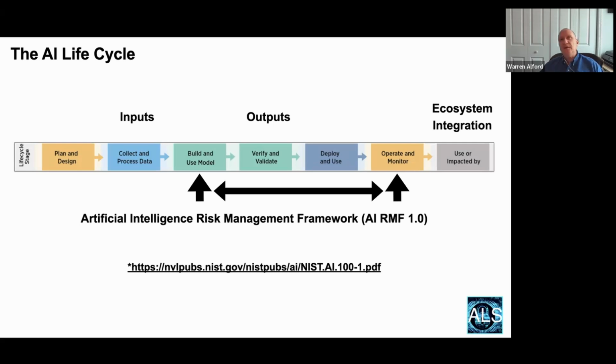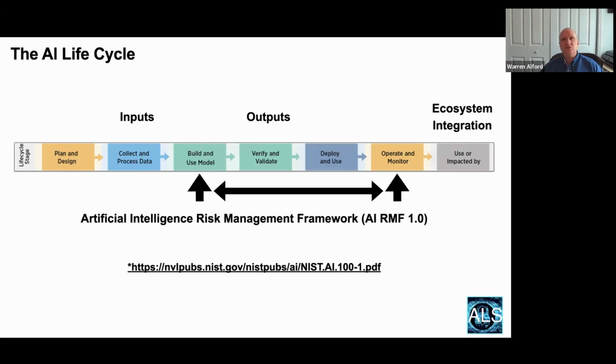Once that step is completed, the verify and validate step is built in with the testing to make sure that things are valid, the information is good information, the way that it's solving a problem is correct, the solution is viable, and so it's not hallucinating or giving some bad outputs.